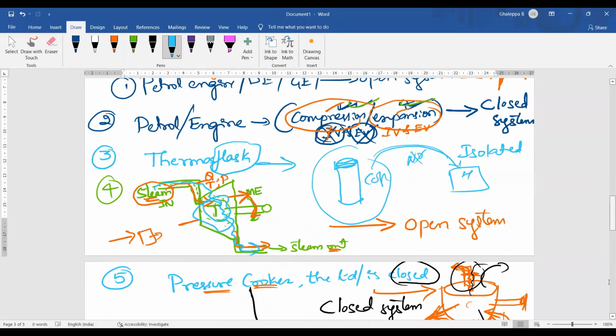So we'll stop here. Please browse some examples again: compressor, turbine, radiator. I will give some examples.